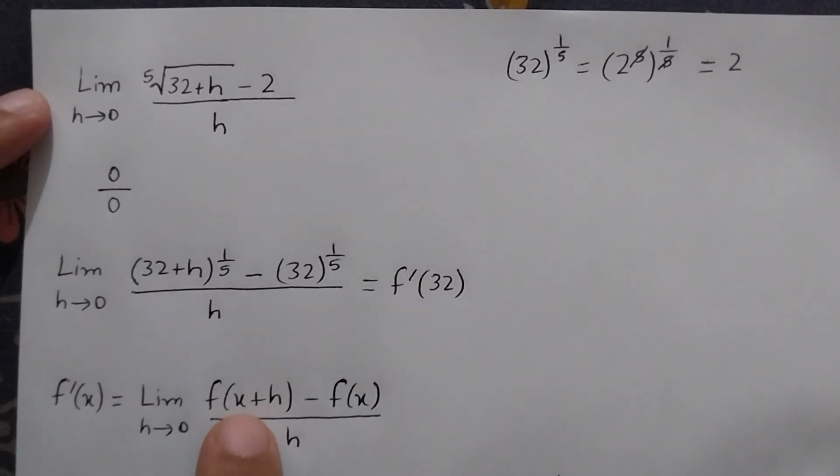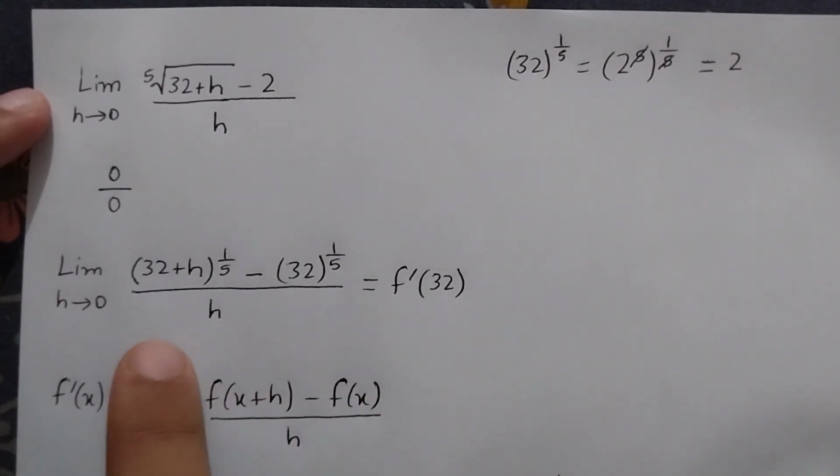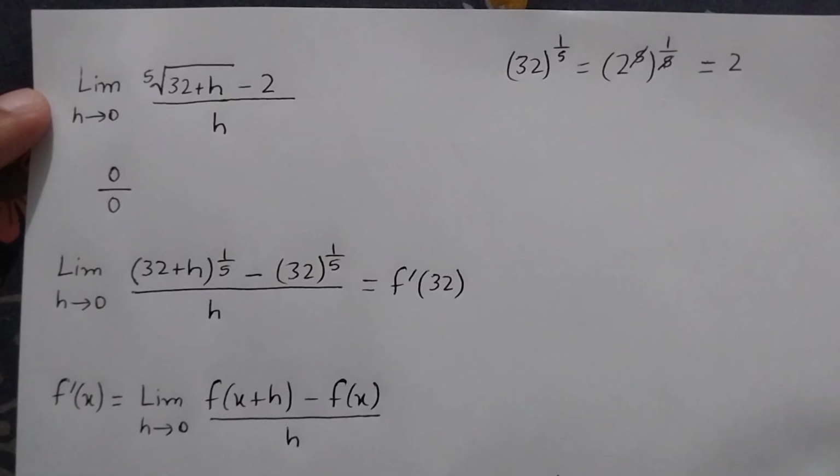Firstly, it is taking x plus h as input, and secondly, it is taking x as input. So in the numerator, a function is being used. The function is the same, just taking two different inputs.